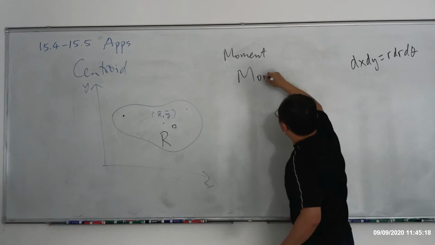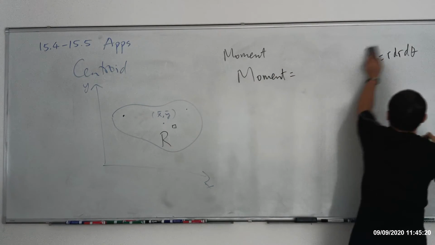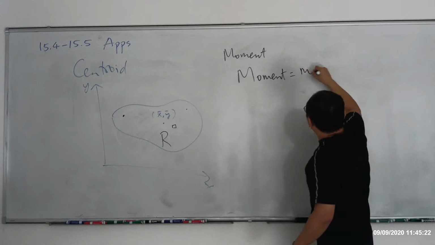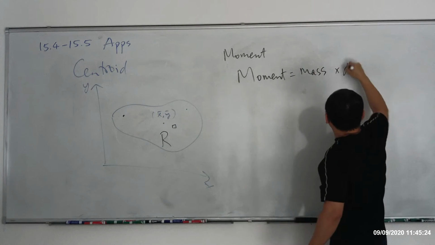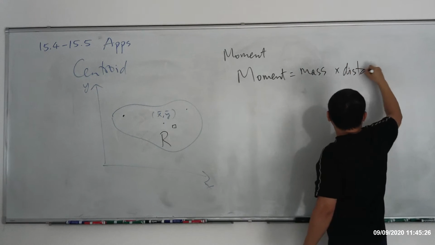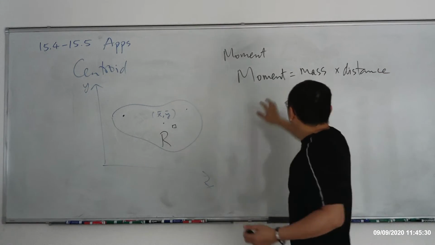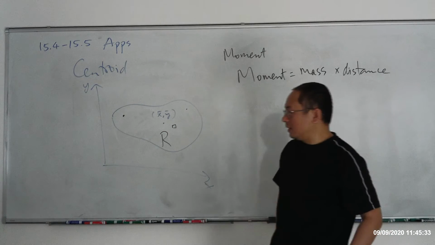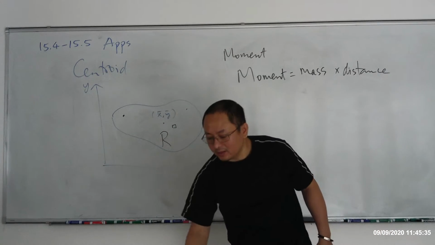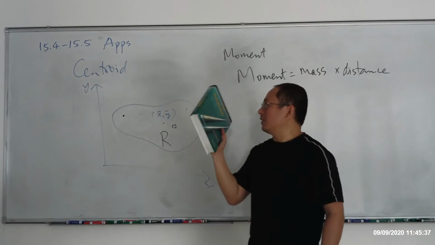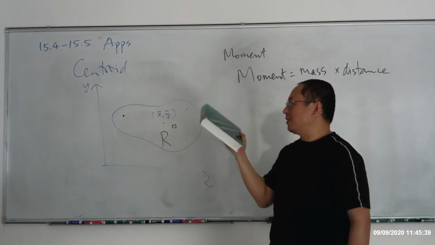Let's write the whole thing down, make it clear. Moment is equal to mass times distance. So this is the idea. Okay, let me show you the book. This is my pre-calculus book, okay? It has some mass in here.